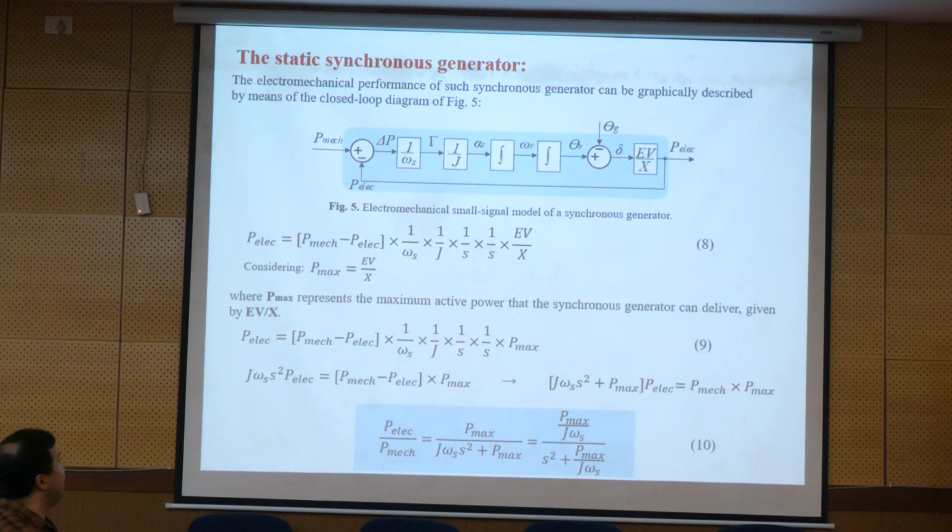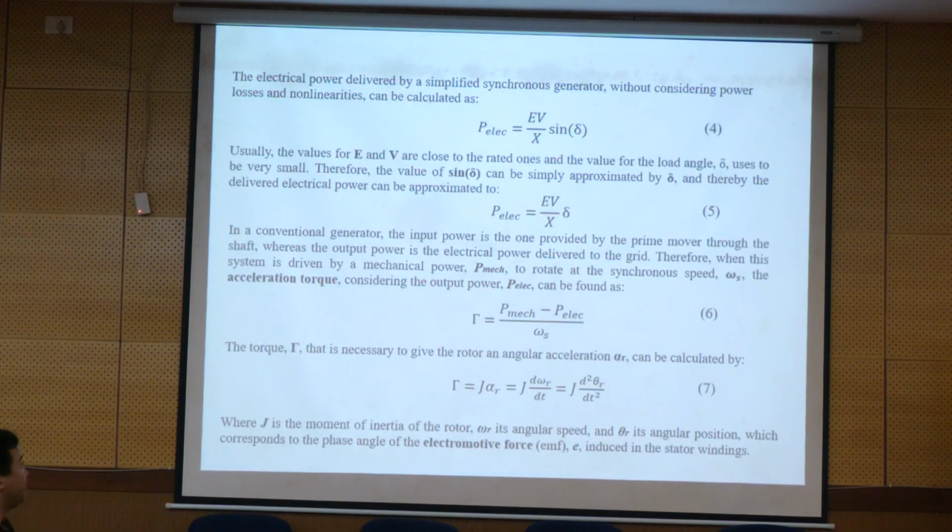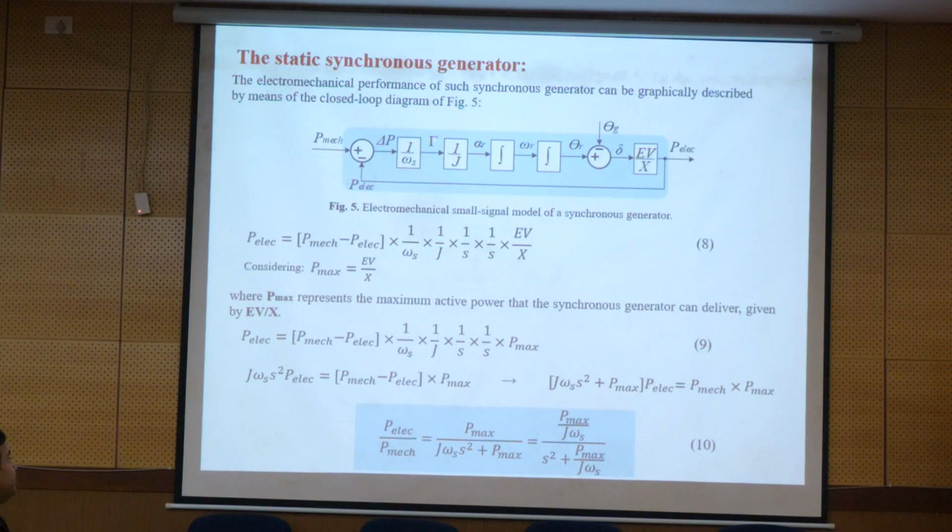So P mechanical minus P electrical is delta P, okay? Then we have 1 over omega S, which is coming from this equation, so it is equal to torque.